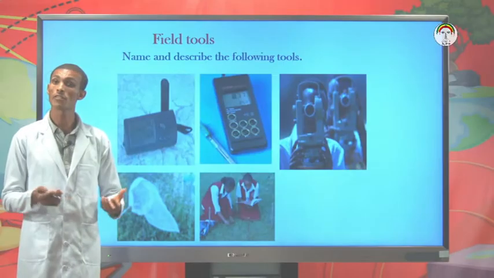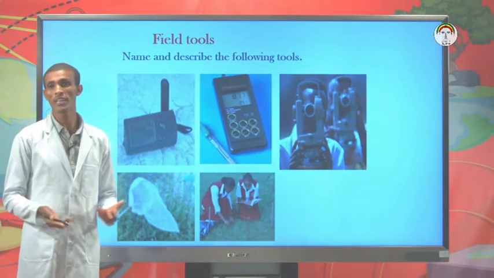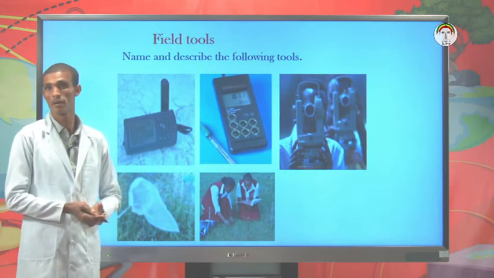Good. This is very important in collecting data from the field, outside of a lab.